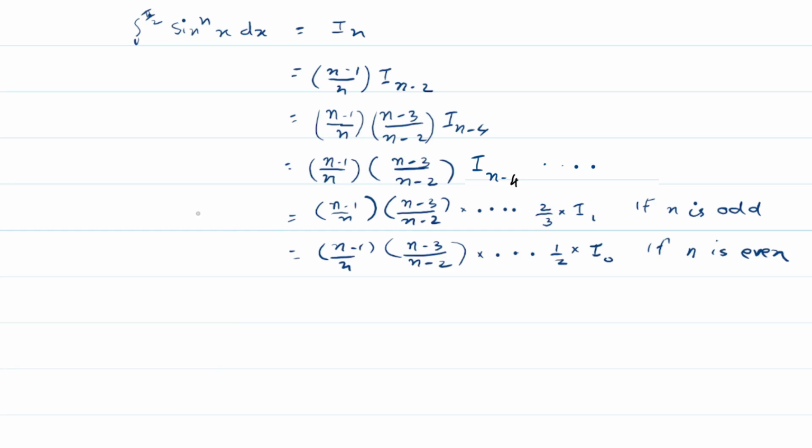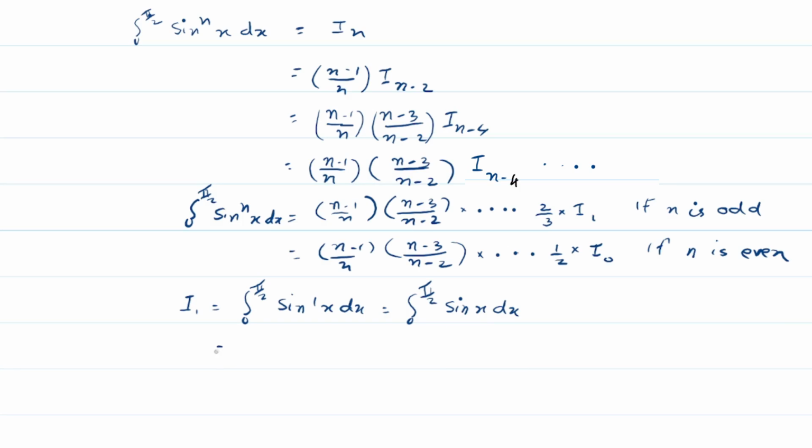So this is the integral 0 to pi by 2 sine raised to n x dx. Now we will find I1. What is I1? I1 equals integral 0 to pi by 2 sine raised to 1 x dx, that is equal to integral 0 to pi by 2 sine x dx.